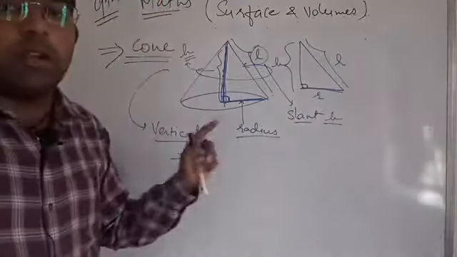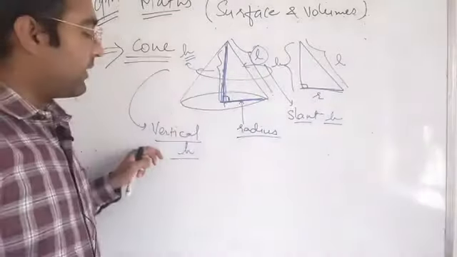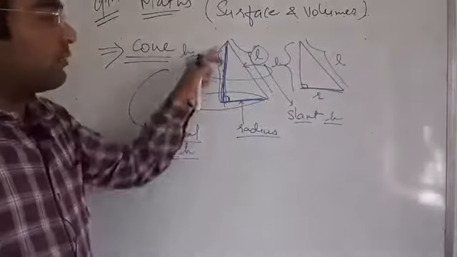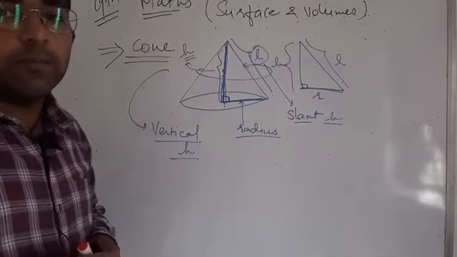Whenever they say slant height, we have to take it as L, and whenever they say vertical height, then we have to take it as H. Okay, clear?